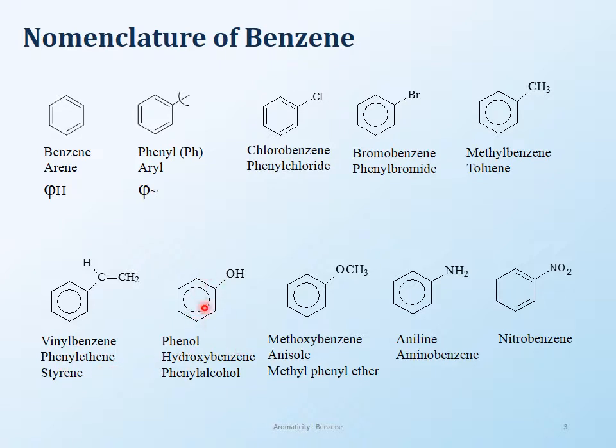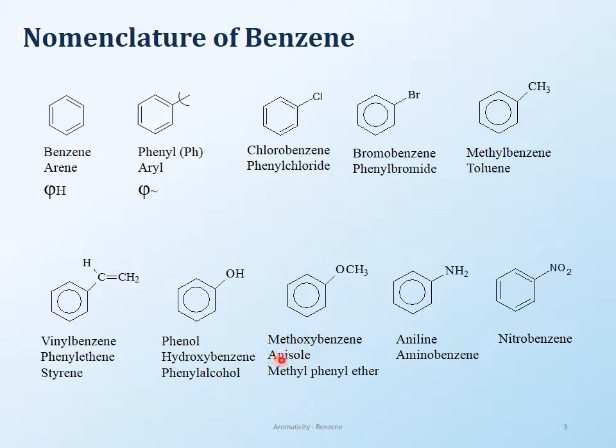Then here is a benzene with an alcohol group, which is called phenol then. So phen is coming from, of course, the phenyl group, and then ol is coming from the alcohol. This is also called hydroxybenzene. Of course, we know that OH groups are hydroxy groups, and you can also call this phenyl alcohol, all right? And so there are so many names again. Here, this one where you have an ether group, this is the methoxy group, so this is methoxybenzene.